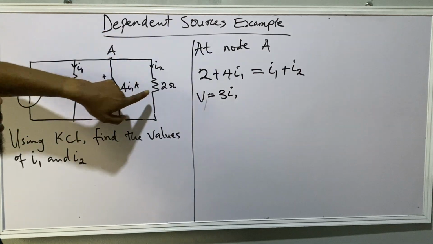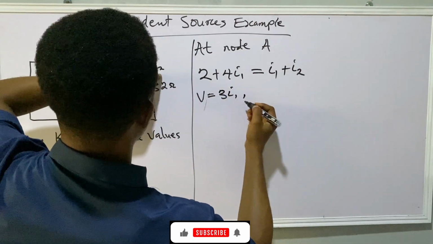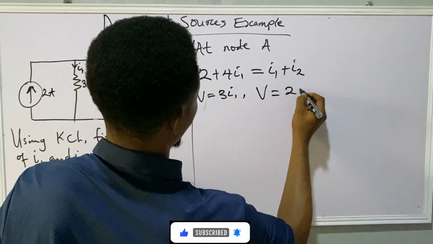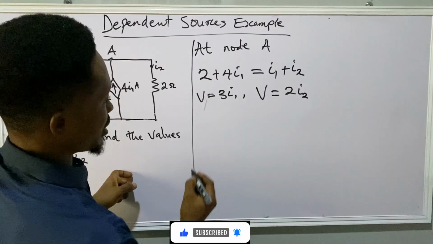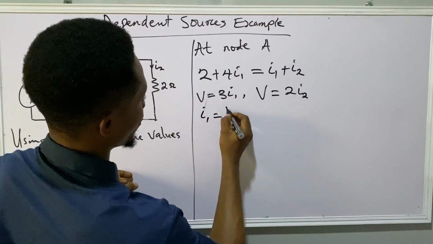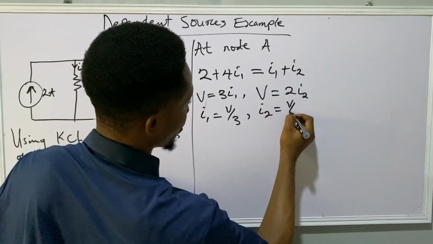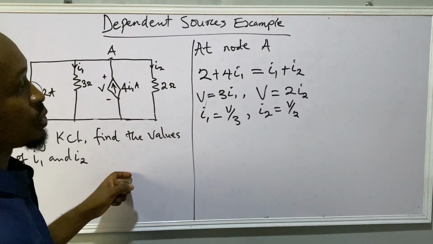Coming here, you also have V equals 2I2, which means I1 equals V over 3, and I2 equals V over 2.